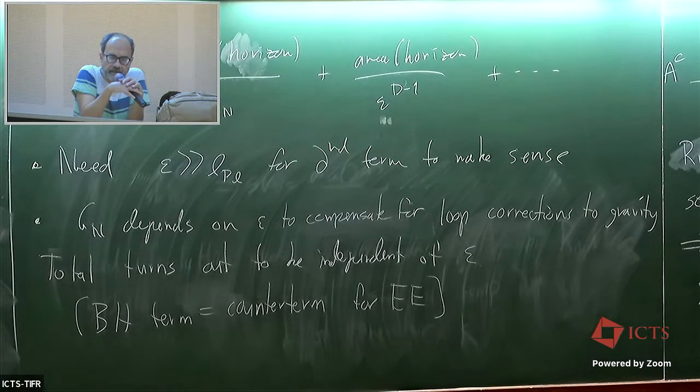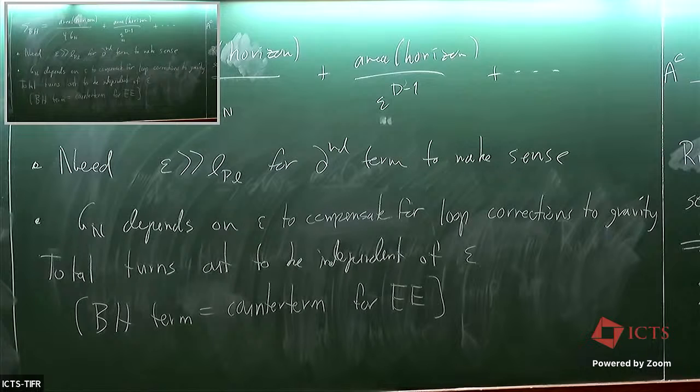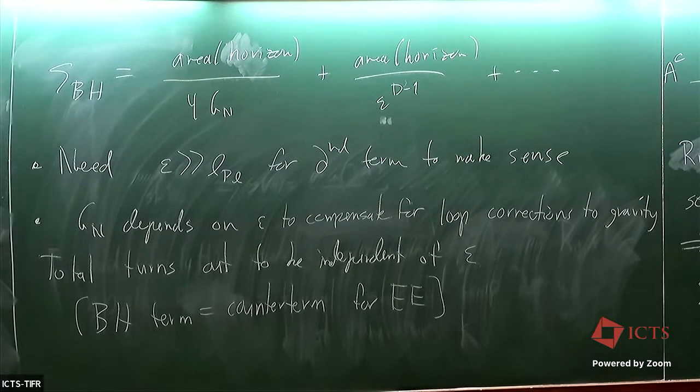I see. Okay. But I thought G Newton is measurable using the S matrix. No? This G Newton is as defined in the effective term you get from, right, the coefficient of R. I see. Okay.